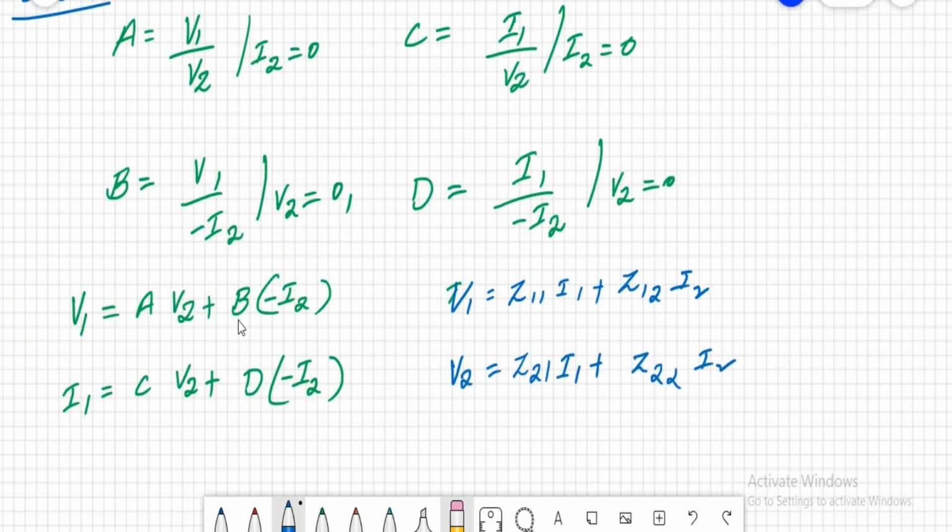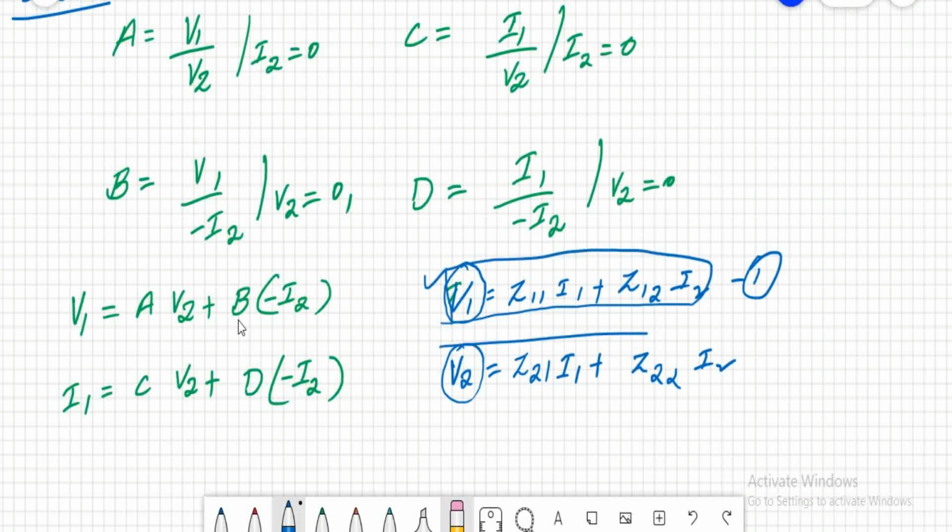In equation 1, this variable is related to input and this variable is output. So by using this equation, we can draw a circuit related to the input section. By using the second equation, we can draw the output equivalent circuit, because it is related to V2, the output variable.